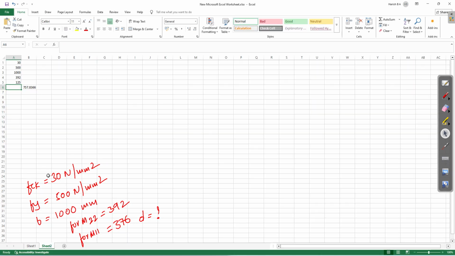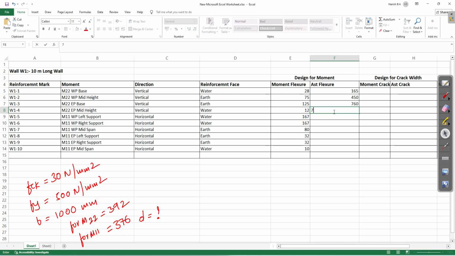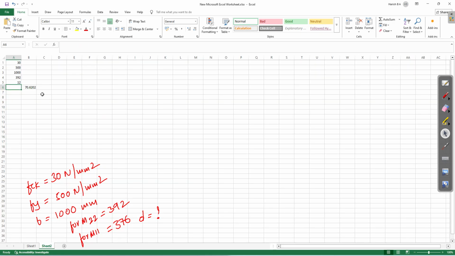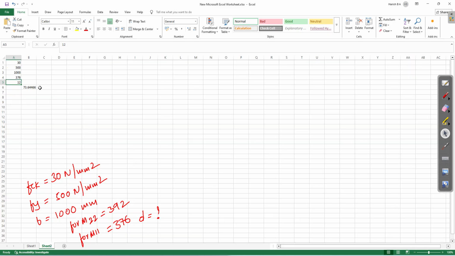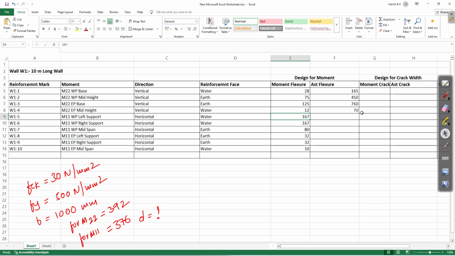Next, your moment value is 1270. Next, for M11 bending, I have to change D to 376. The first moment value is 167, and it is 1072.